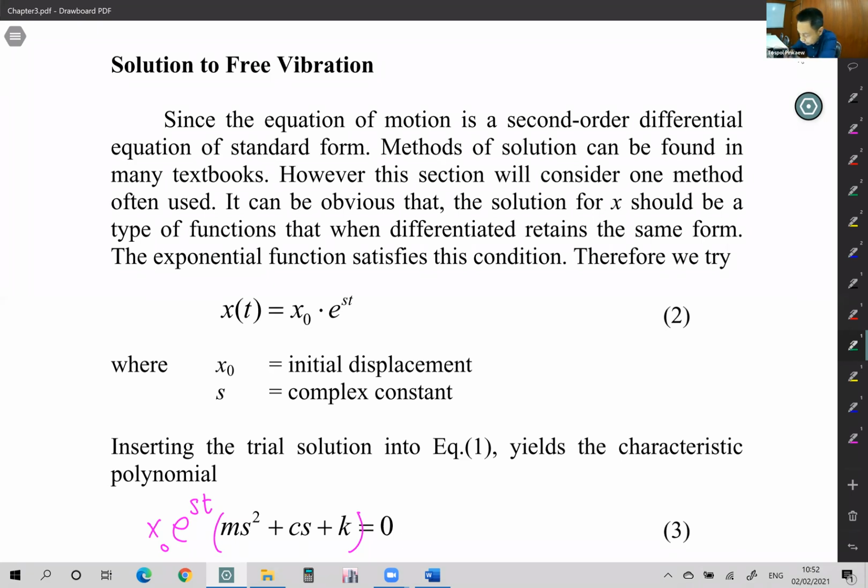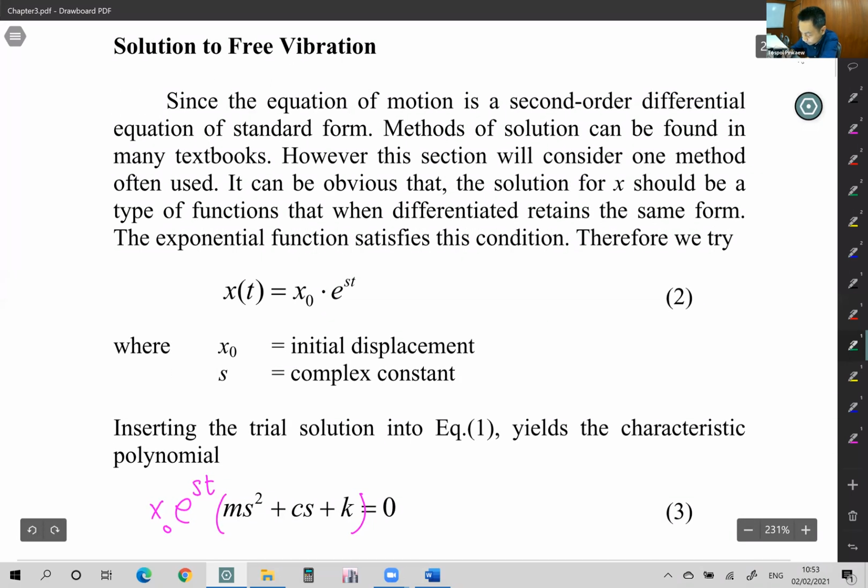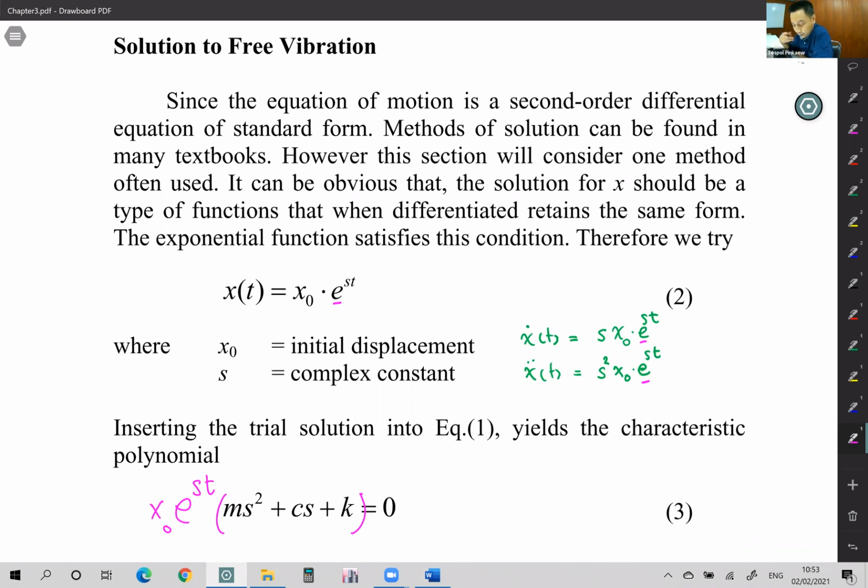For example, if I take the derivative of x from equation number 2, my x dot becomes s x0 e to the power st, and x double dot becomes s square x0 e to the power st. The interesting thing is the form e to the power st doesn't change when I perform the derivative.